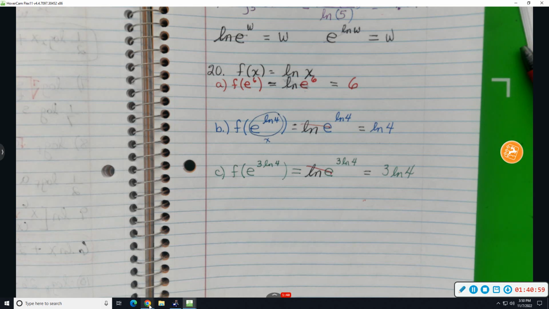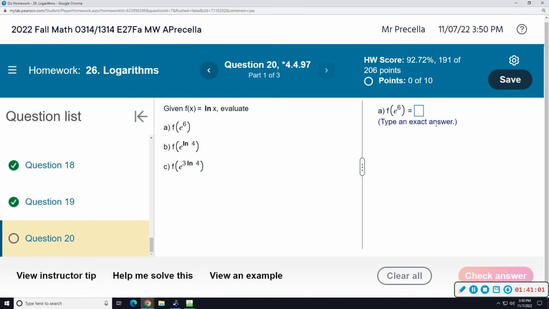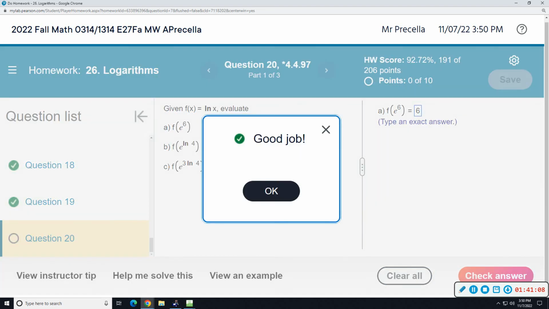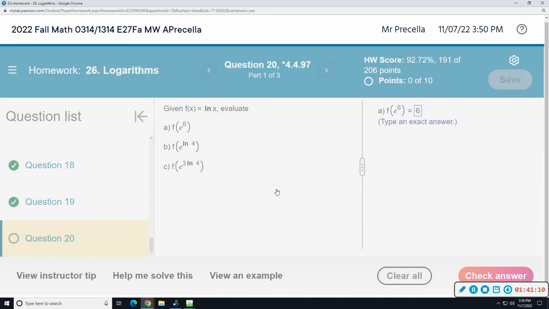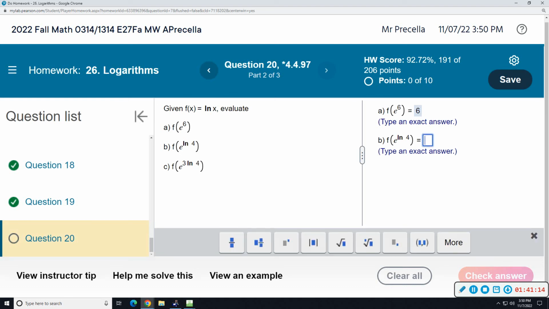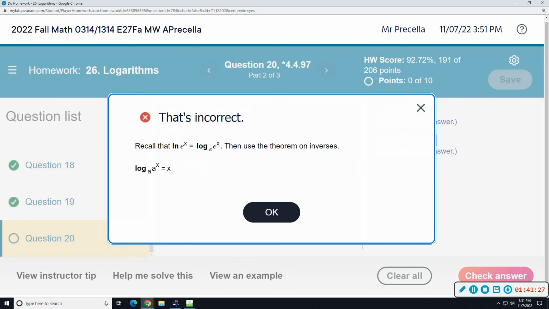So let me type this in so you'll feel confident that I'm doing these correctly and not just making this up. So 6, ln 4. Oops. Look what's about to happen. You'll notice it didn't bold. I hit a capital I, and it doesn't know what's wrong.